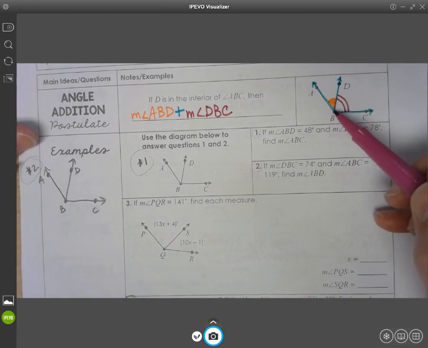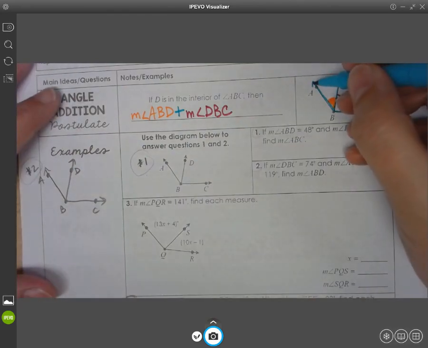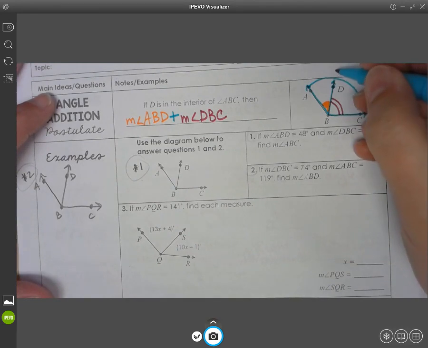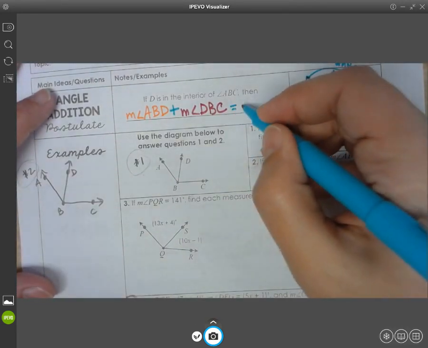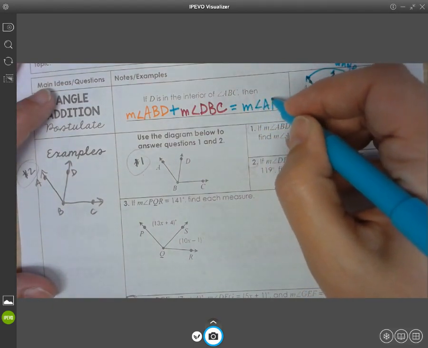So the orange angle plus the pink angle together make this whole thing. This is the whole angle equals the measure of angle ABC.